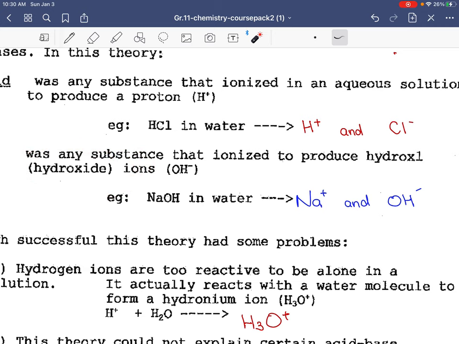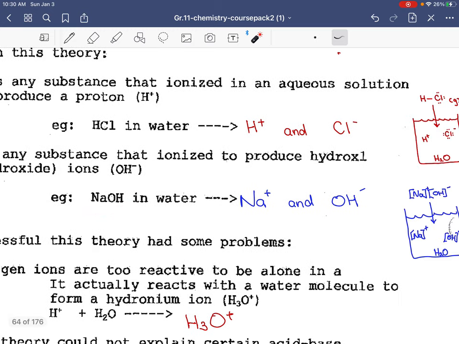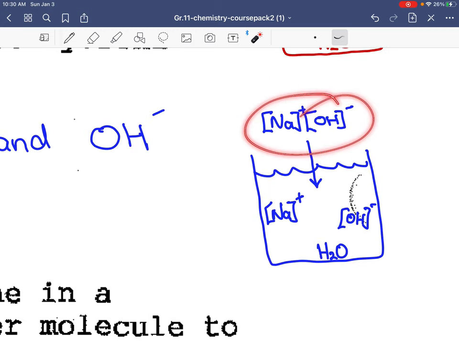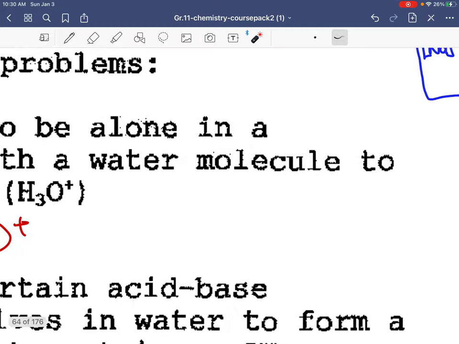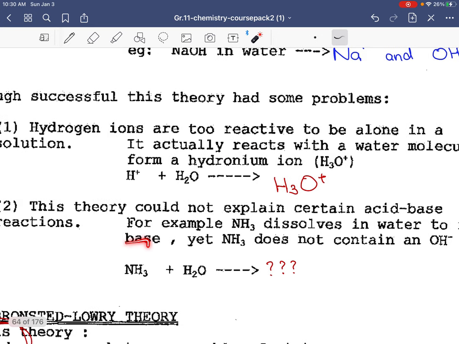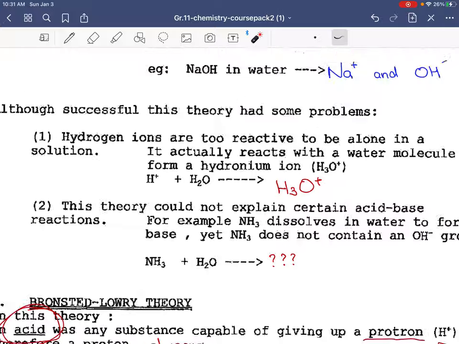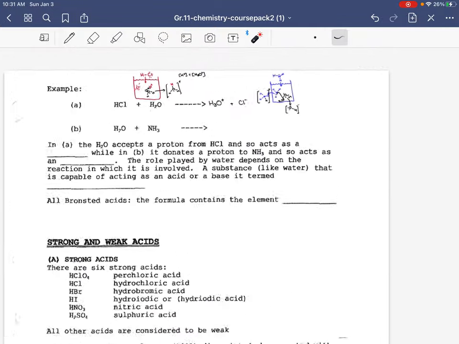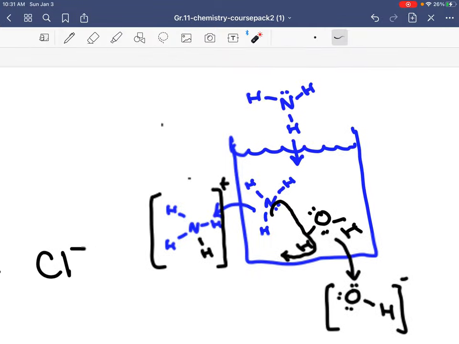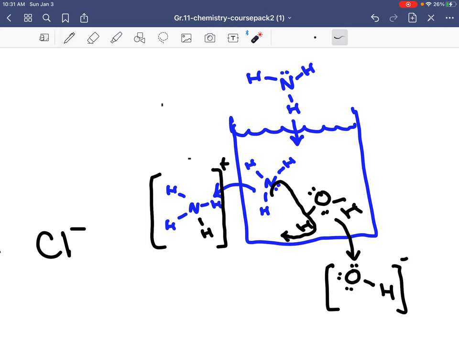And we saw how NaOH can easily produce hydroxide by dissociating. Arrhenius couldn't figure out why NH3 is a base, because NH3 does not dissociate, nor does it have oxygen to make hydroxide. But now we know, oh my gosh, now we know. It's because NH3 has the ability to take an H off of water.